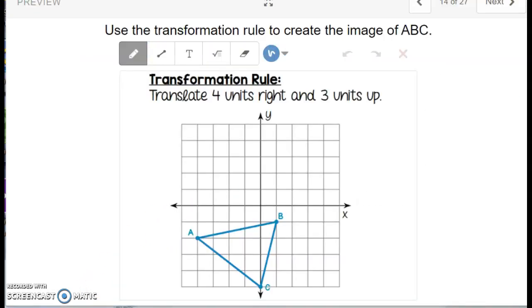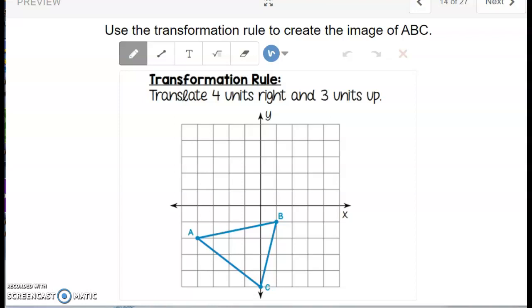Here we go. Now we are trying to translate this triangle ABC, and we want to translate it 4 units to the right and 3 units up. Conveniently, it is on the coordinate plane. That makes our lives a whole lot easier rather than using the tracing paper. Translation is pretty easy to do if you have an image on the coordinate plane, because we can translate each of the vertices.